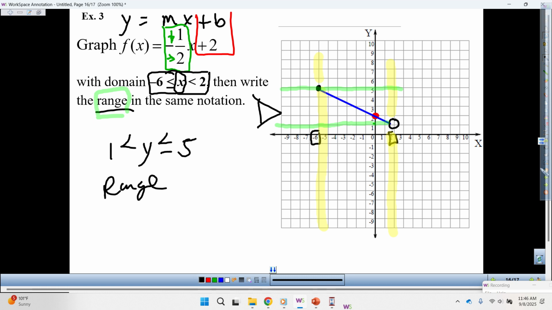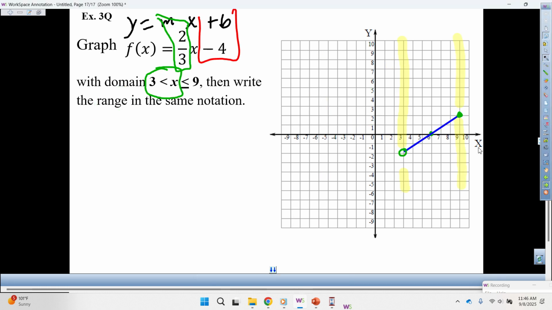So let's do the same with this last one that we did. I want you to find the range for that, please. Find the range from where to where. Talk it over to your neighbor. Let them know from where to where is our range for that one. All right. Pass someone.